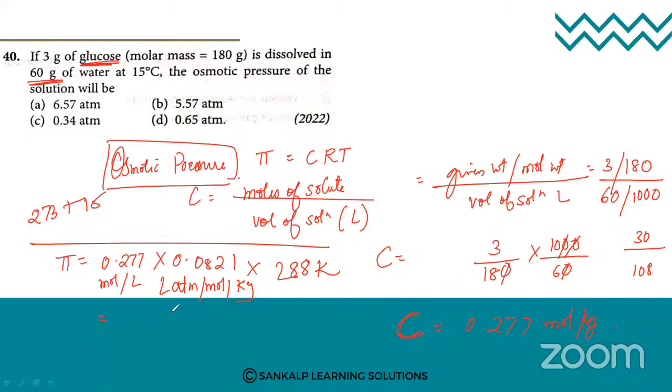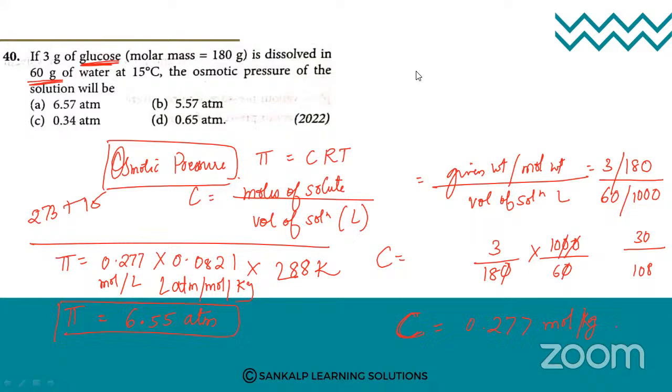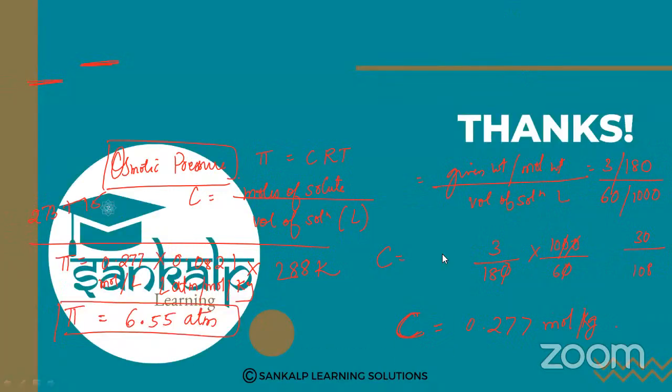After solving this, the value comes to be 6.55 atmospheric pressure. So the osmotic pressure pi is 6.55. Everybody got it? Yes. Is it clear? Are the questions clear? I got 6.5, no problem, 6.5 is the correct answer.